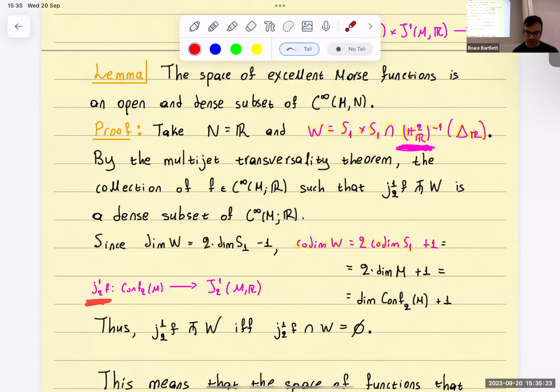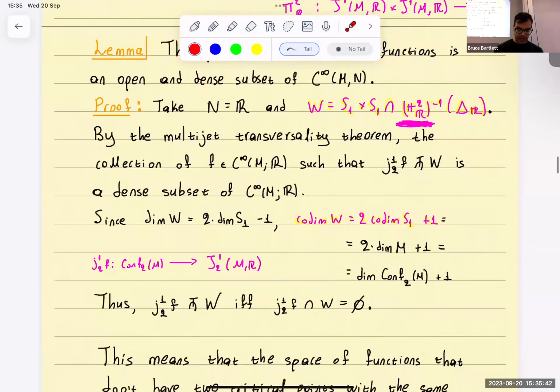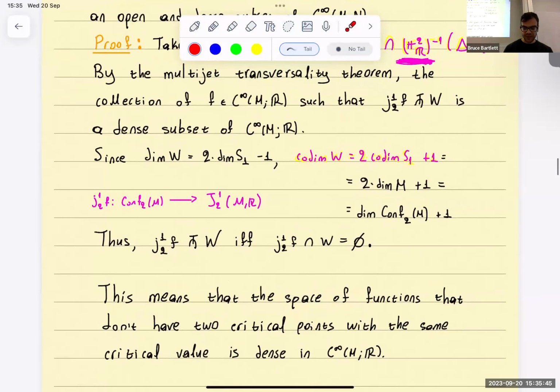If J12F intersects W transversely, and W has codimension greater than the dimension of the base, then the only way this can happen is if it intersects W vacuously. And that, by the multi-jet theorem, directly implies that the space of functions that don't have 2 critical points with the same critical value must be dense in C infinity of M comma R.